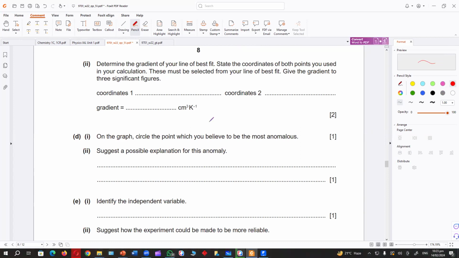Suggest a possible explanation for this anomaly. Maybe the temperature was less than measured. Maybe.